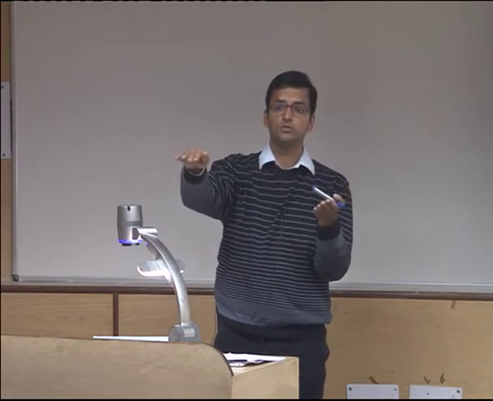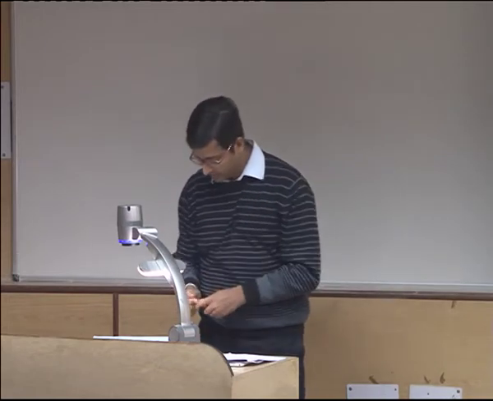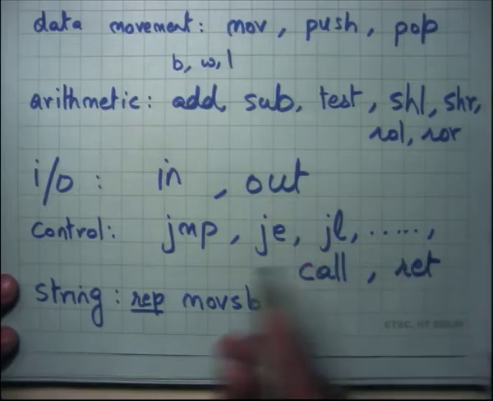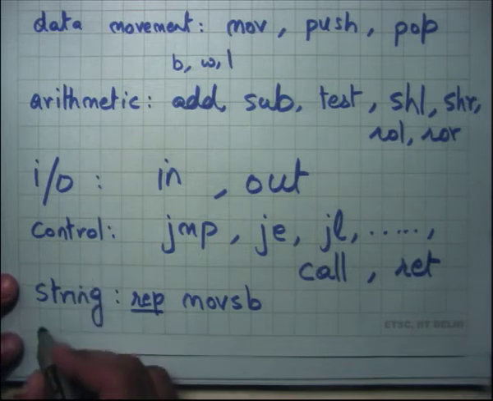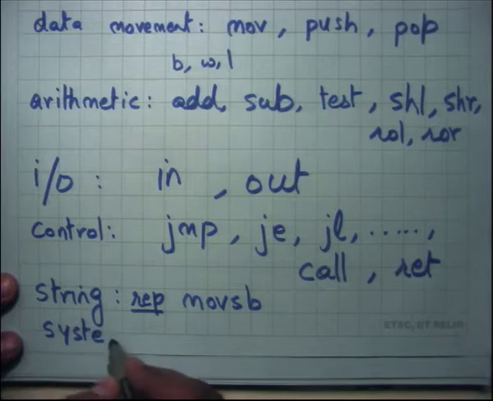But because it's such a common operation, the hardware designer said let's have a special instruction for it, just one instruction which will do mem copy or string copy or things like that. Just to know, in case you see this kind of code in your programming assignments, you should know what it means. All right, and then there are special instructions which we can call system instructions.